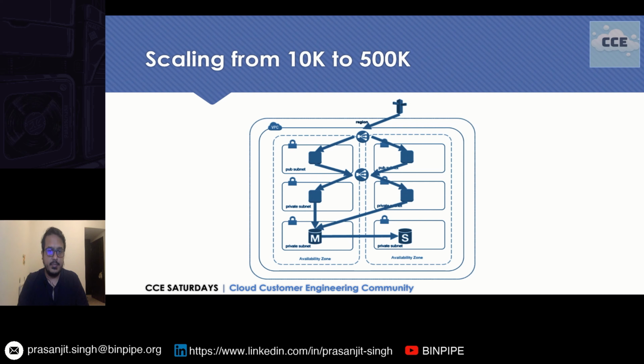And you can see at the base of this image, the master and the slave databases. They are in different availability zones, and there is a replication going on. So this is an ideal way to have a highly available database that serves up to 500,000 users. Now, clouds also provide multi-AZ features where they replicate over multiple availability zones.